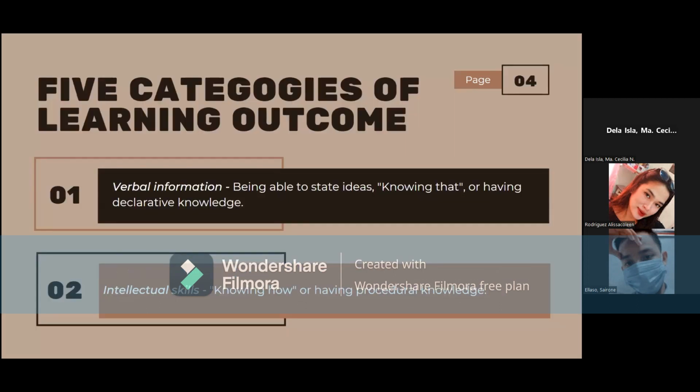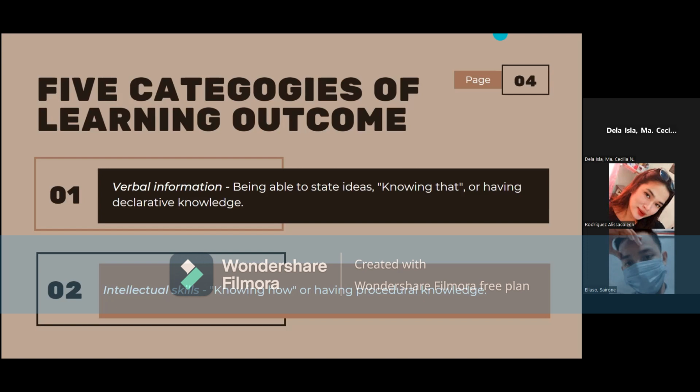So here are the 5 categories of learning outcomes. First, we have verbal information. It is being able to state ideas and knowledge, knowing that, having declarative knowledge. Verbal information is the term used to describe the acquisition and understanding of knowledge through language.